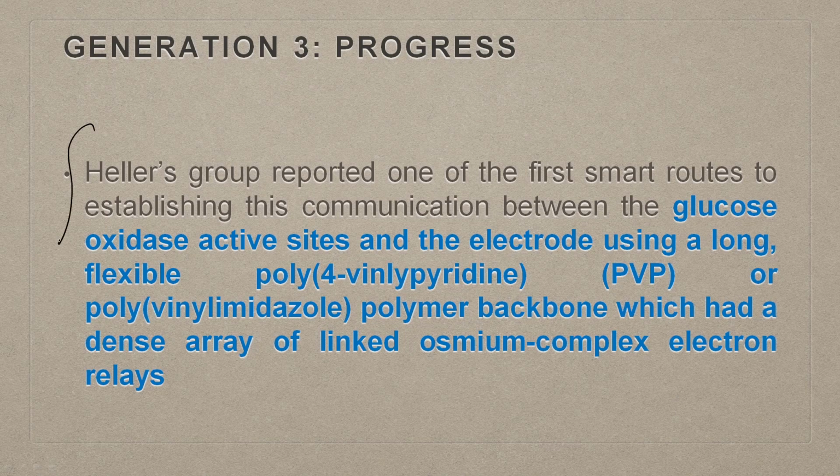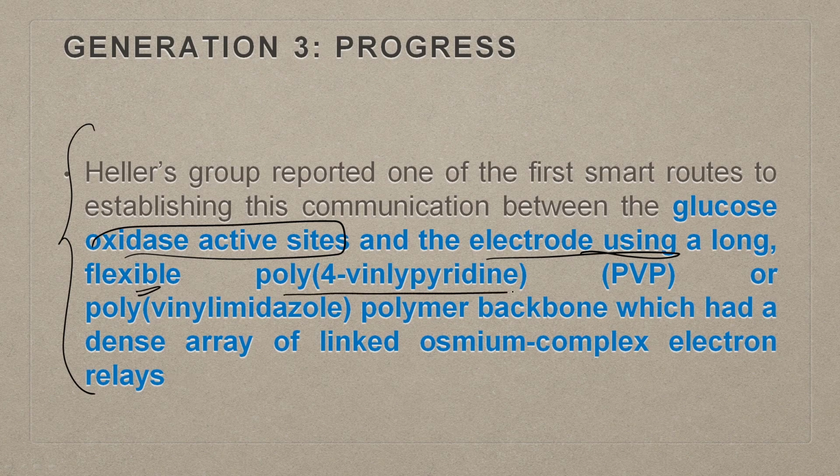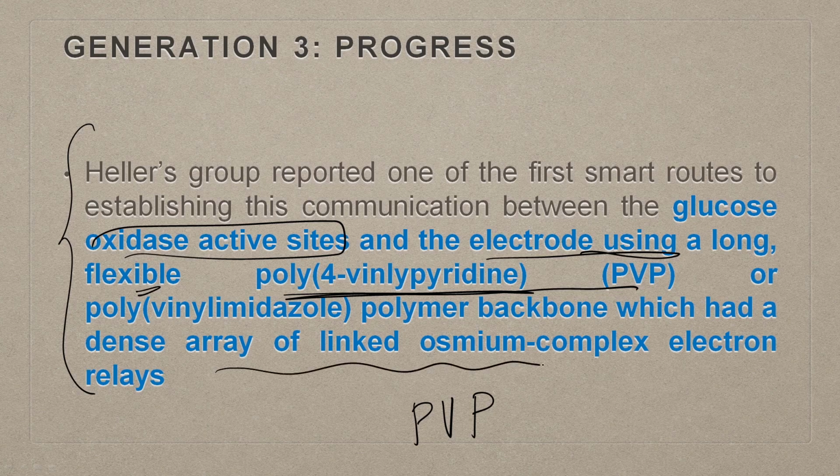Now, Heller's group, which is one of the groups that made very beautiful progress, reported one of the first smart routes of establishing this communication between the glucose oxidase active site and the electrode, using a long flexible polyvinyl pyridine, PVP, these are those molecular wires, or polyvinyl imidazole polymer backbone, which had a dense array of linked osmium complex electron relays.